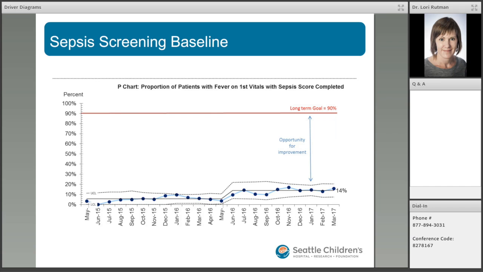As you can see here, we were at 5 to about 15% of febrile patients being screened when they presented to the emergency department, and we had tremendous opportunity for improvement. Patients with fever are probably the most simple group who's at risk for having infection, and we would imagine screening most of those patients to pick out the few that were really at risk for sepsis.